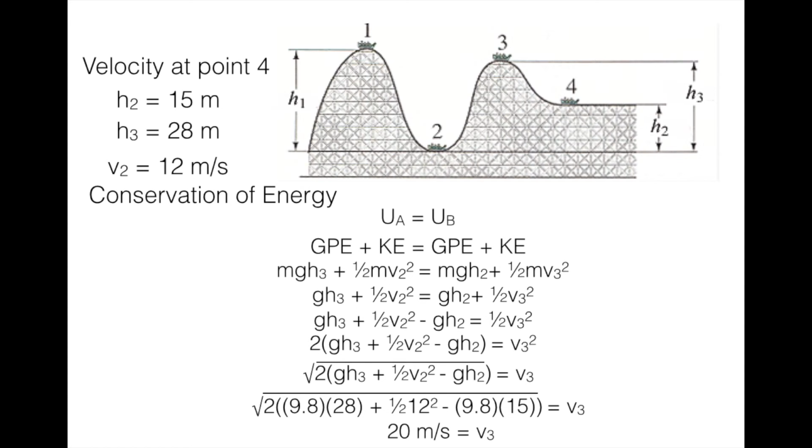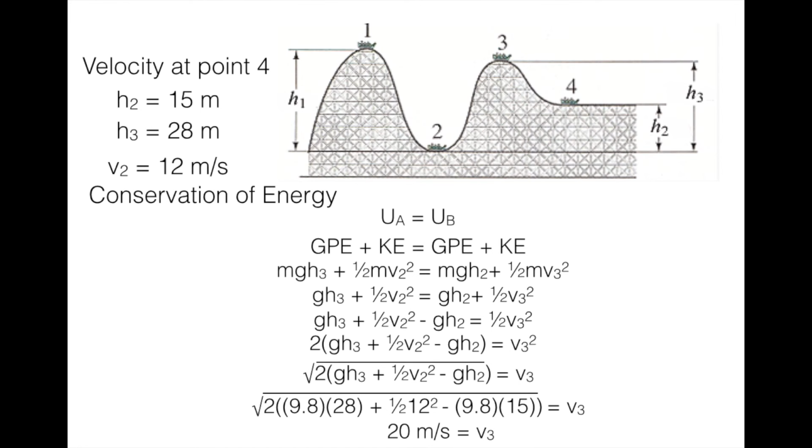The m's will cancel on both sides, so we have gh3 plus 1/2 v2 squared is equal to gh2 plus 1/2 v3 squared. So to solve for v3, we have to subtract gh2 from the right side of the equation. So this will give us gh3 plus 1/2 v2 squared minus gh2 is equal to 1/2 v3 squared.